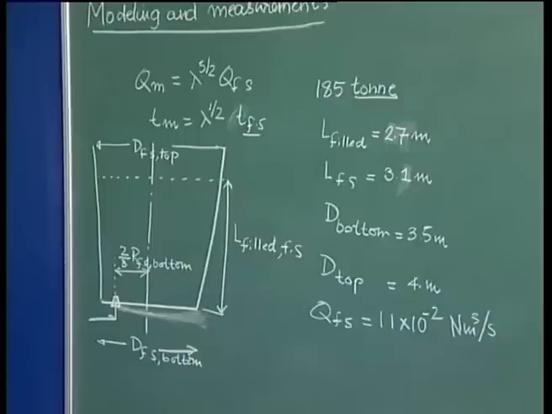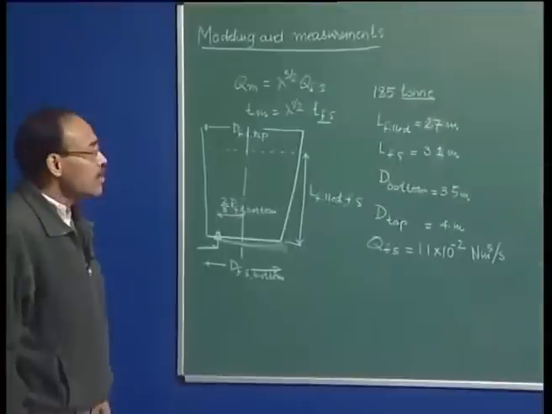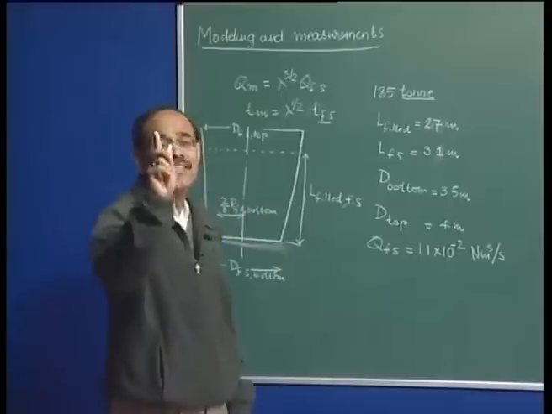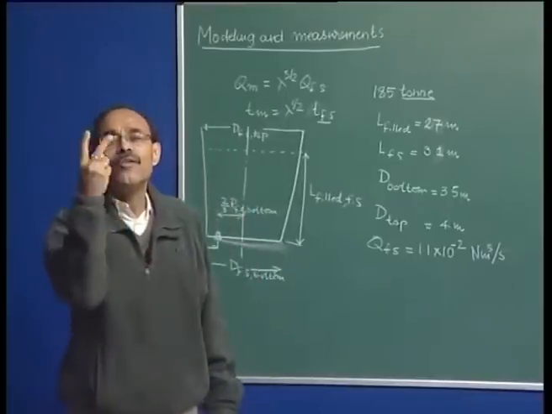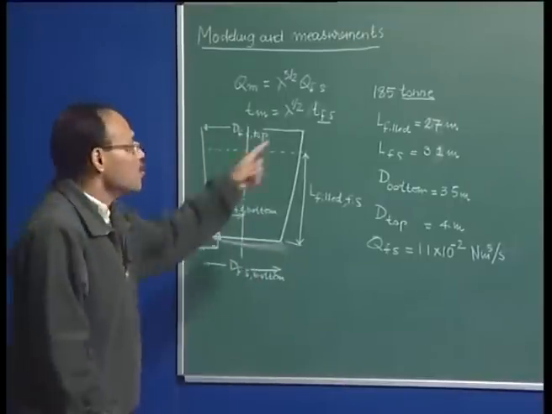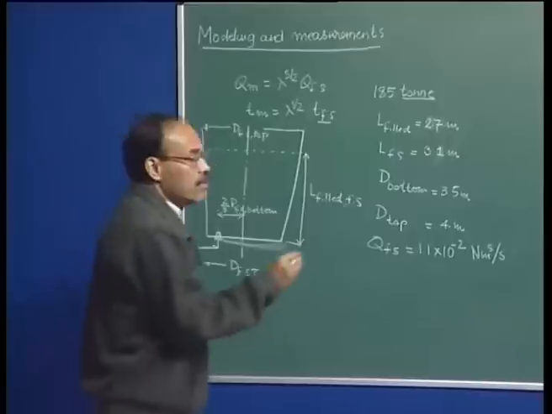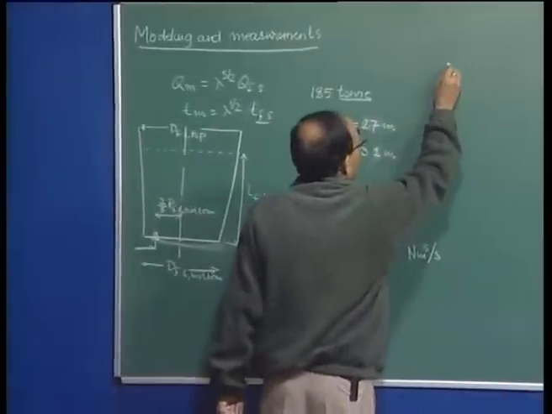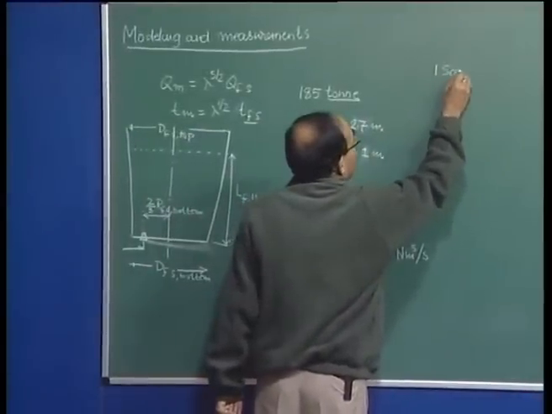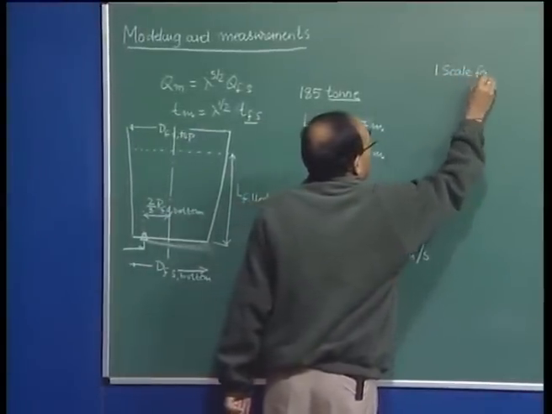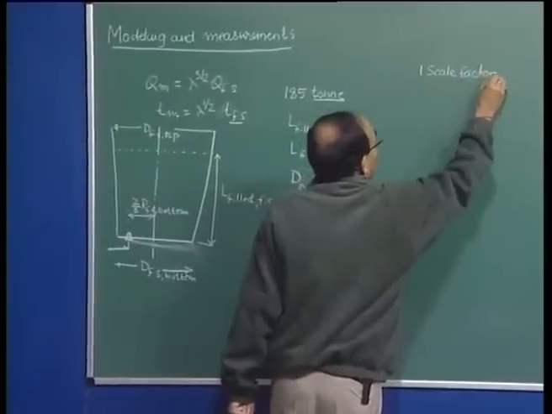So, if I have to now consider building a working model, what are the decisions that I am going to make? I am going to make 2 decisions before I go into modeling. The first decision being decision 1, which is the scale factor, and let me say that I choose a scale factor which is a very common value.